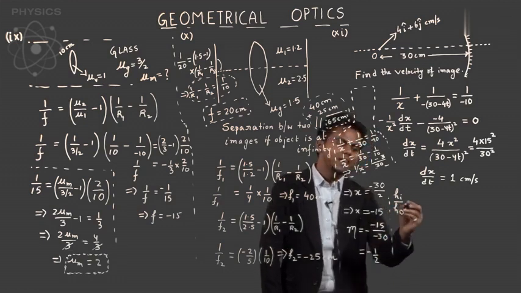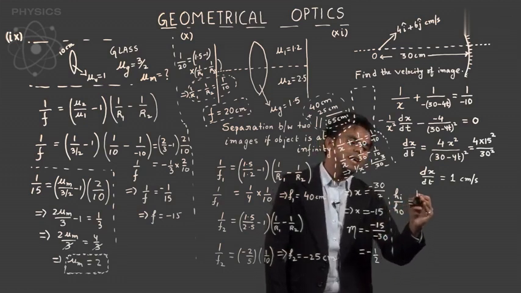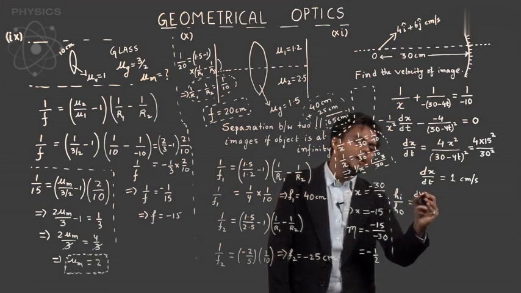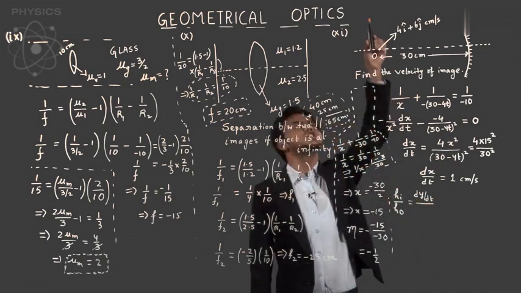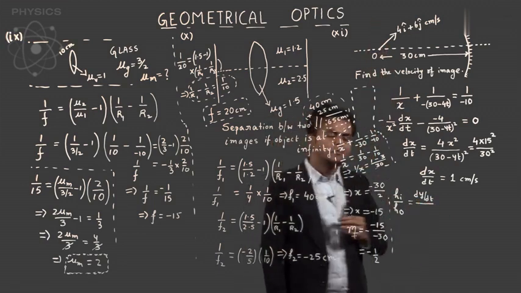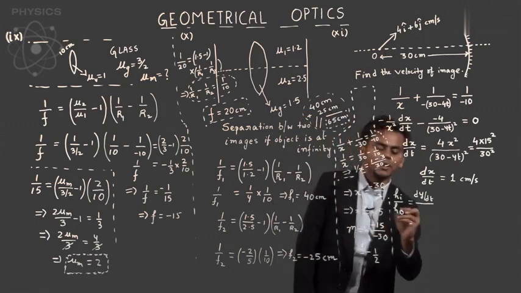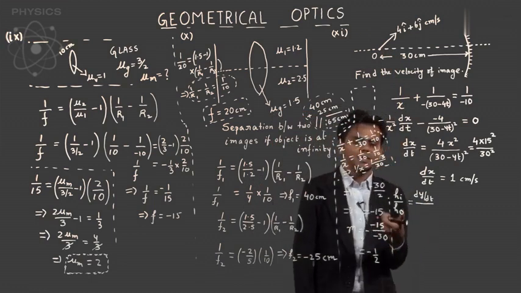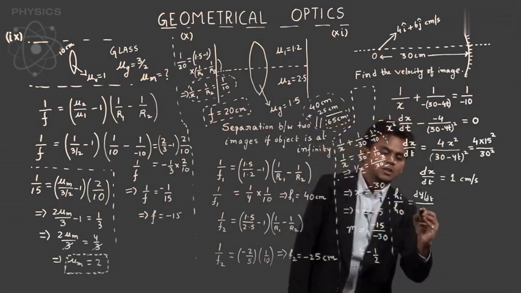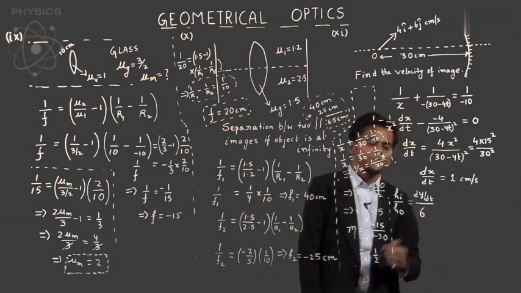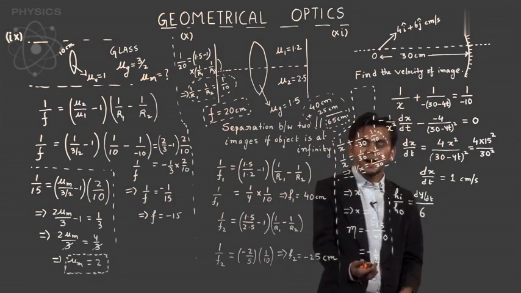Over here, I can perceive this as dy upon dt, the velocity of the image, because that's the motion in my vertical dimension. Now HO, what is HO here? It is the height of the object, which is going up by 6. So I'll just write a plus 6 term over here. And this guy is minus half.